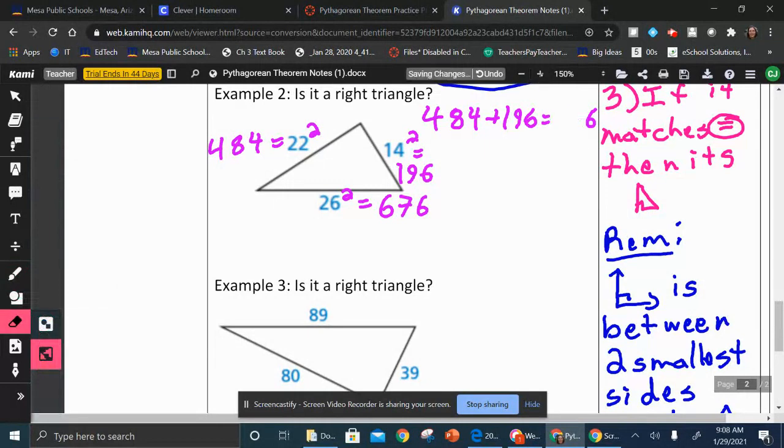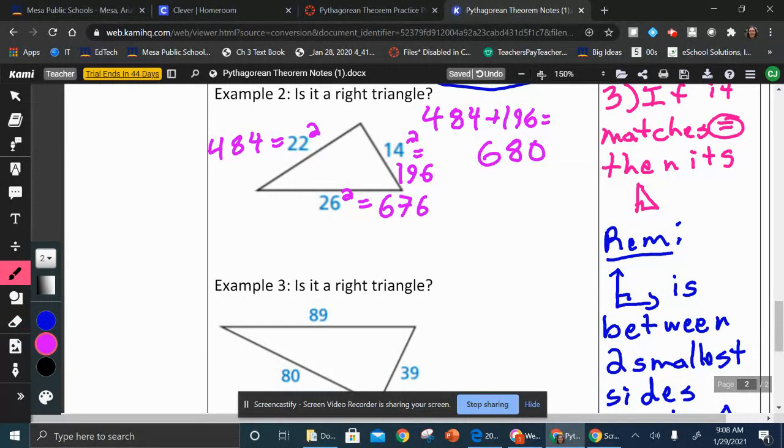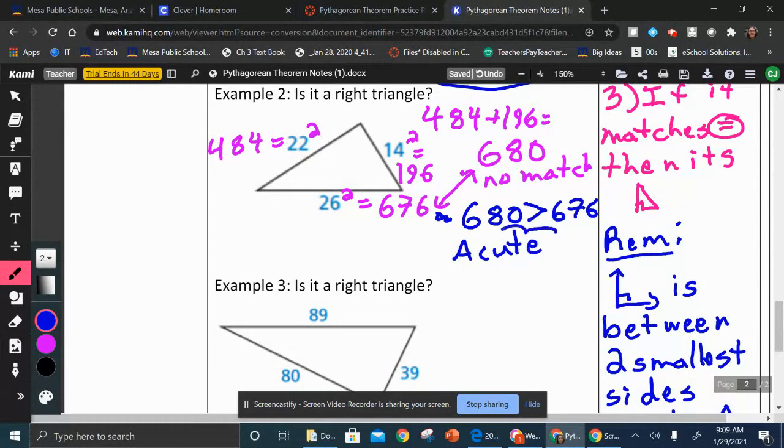When I did that, it is equal to 680. So there is no match. Okay, 680 is more than 676. So what that means, everybody, is that it's an acute triangle.